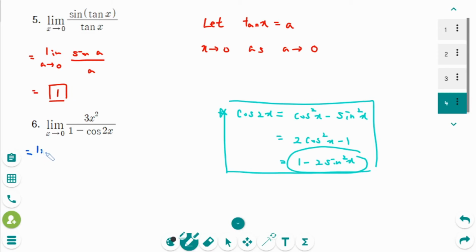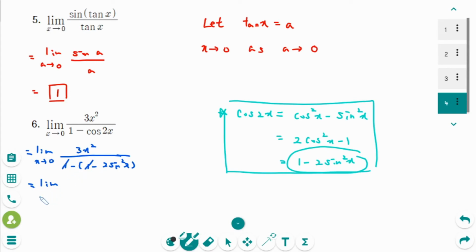It becomes limit as x approaches 0, 3x squared over 1 minus that one, 1 minus 2 sine squared x. So cancel 1 minus 1.